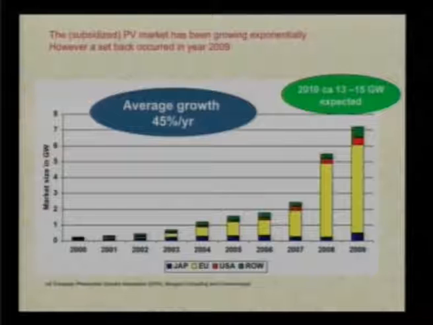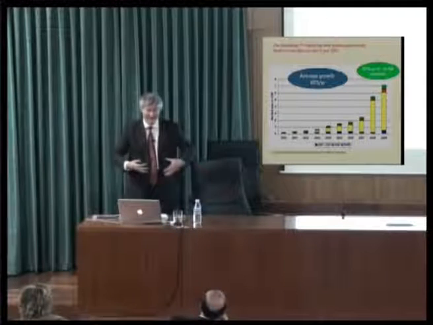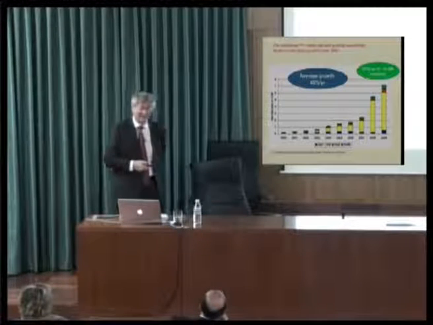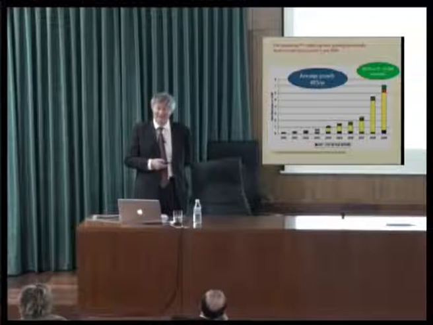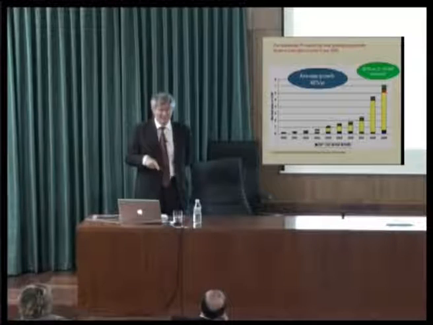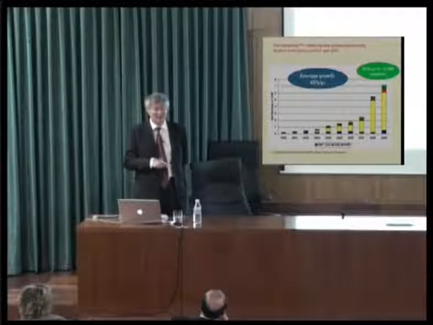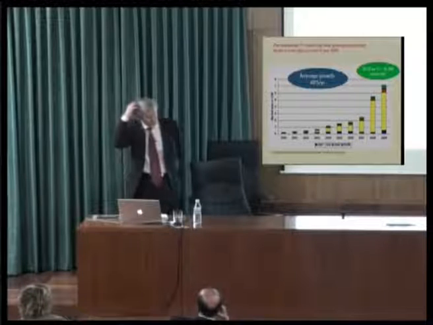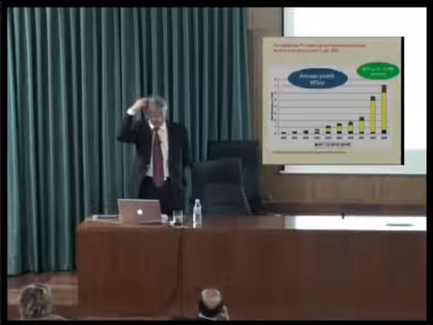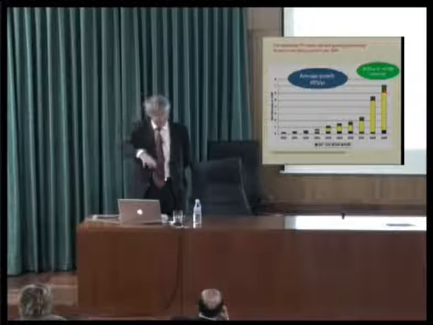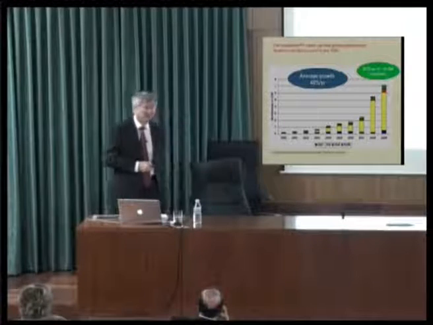And so now we have to go back and convince the investors that this is something they can earn money from, otherwise they will leave. In 2009, there was only $100 million invested in PV by the venture capitalists. The year before, 500. So you see the dramatic drop in investment.